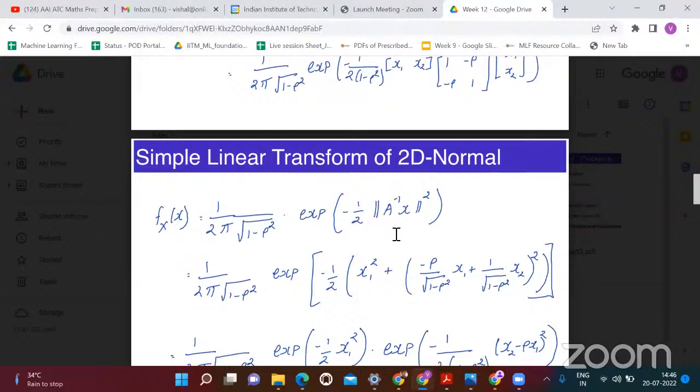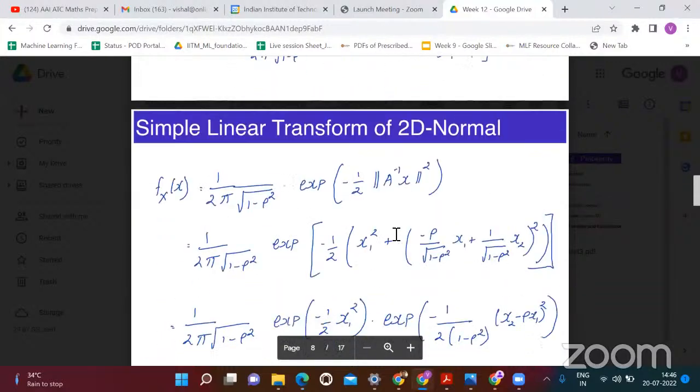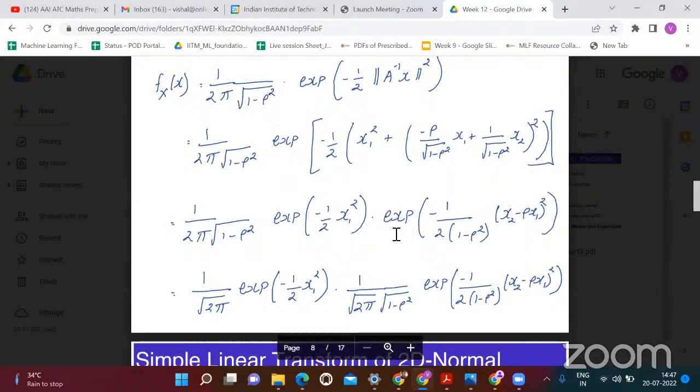So this is one way to expand this. The other way to expand this is this one.